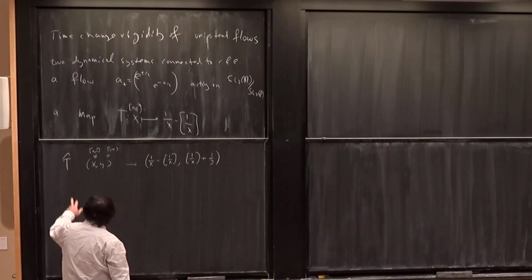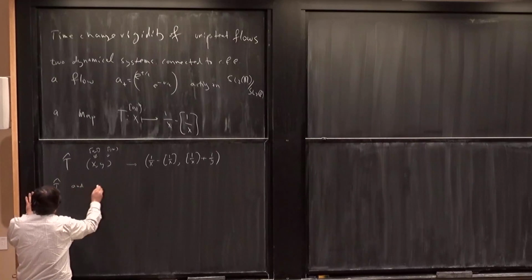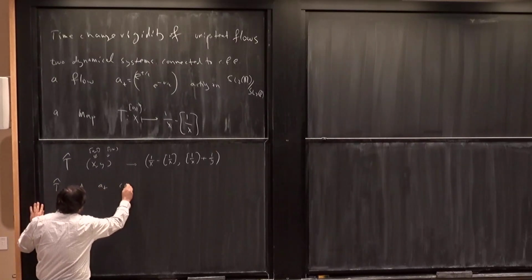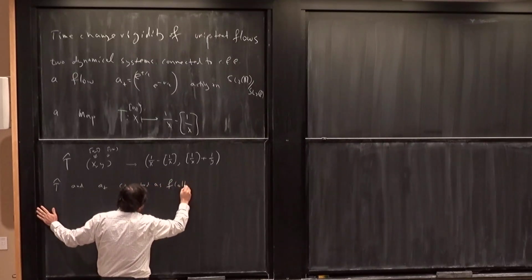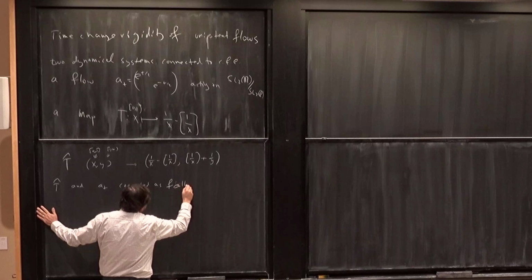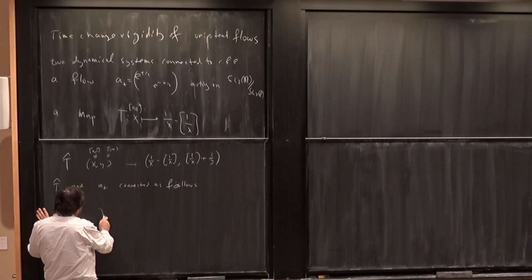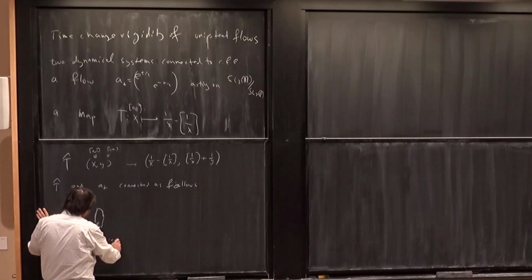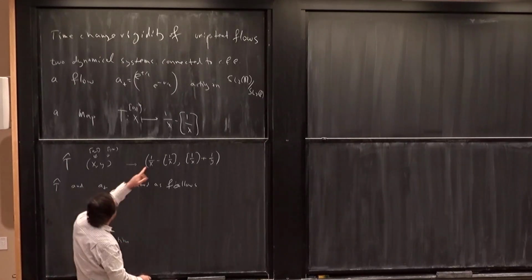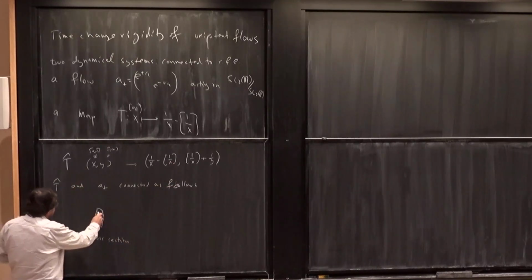And now these two, T hat and somehow this A_t, are connected in an interesting way. As follows. So you have your three-dimensional system, and here you have some kind of two-dimensional cross-section, right? Because SL2R modulo SL2Z is a three-dimensional system, and here you have a two-dimensional cross-section.